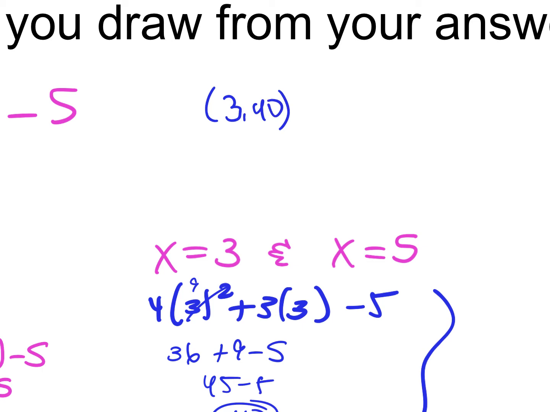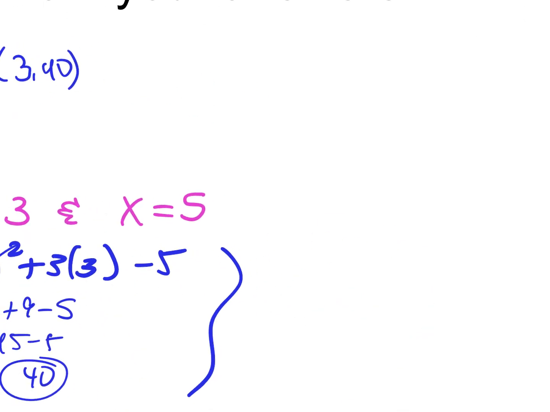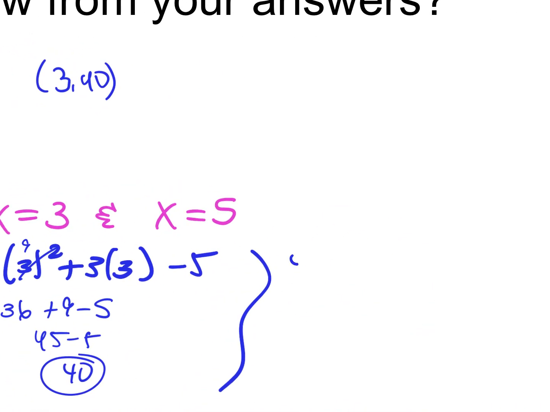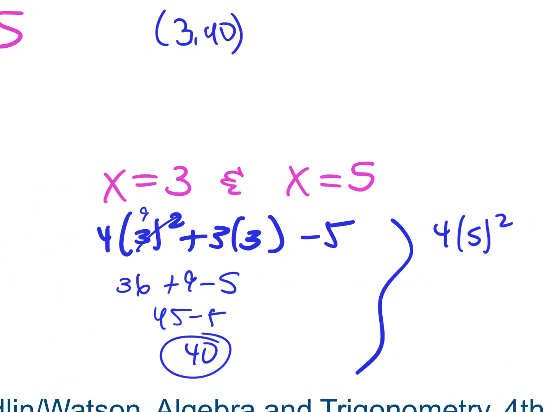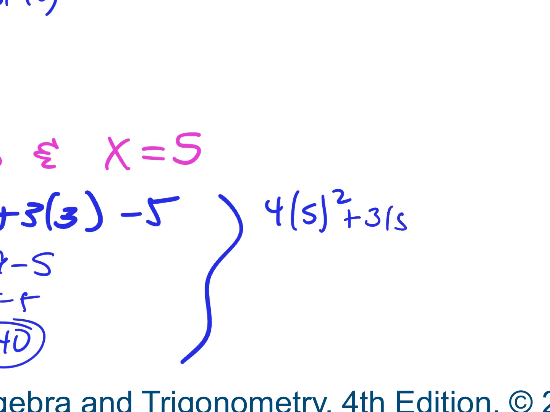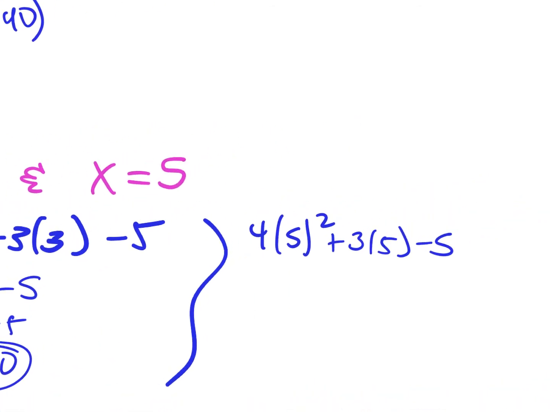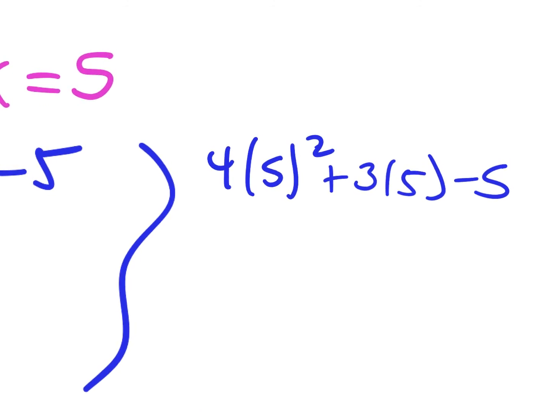You guys agree? So now I have 4 times 5 squared plus 3 times 5 minus 5, right? Did I write that correctly? Okay, so 5 squared is 25, and 25 times 4 is 100. What's 3 times 5? 15 minus 5.